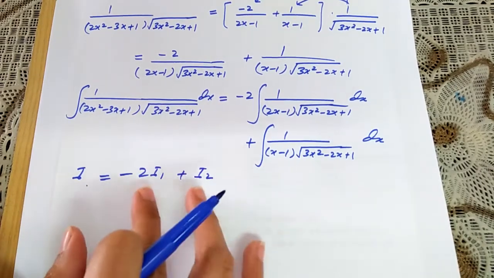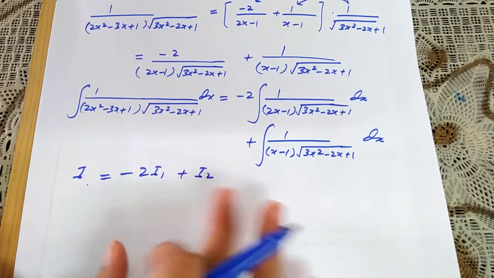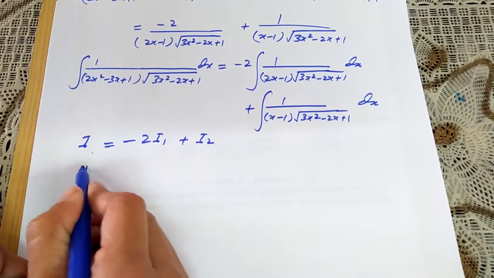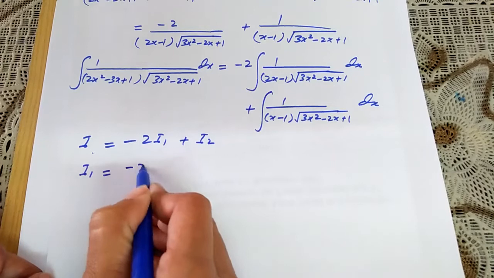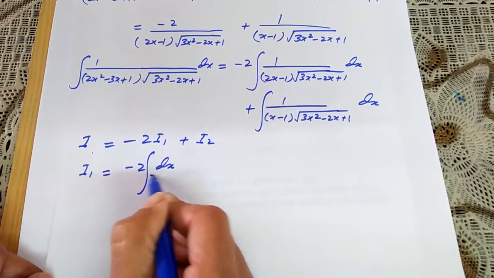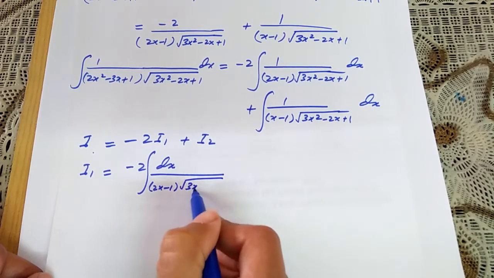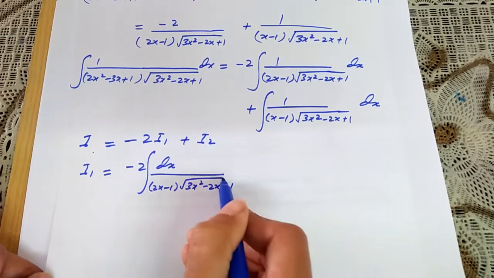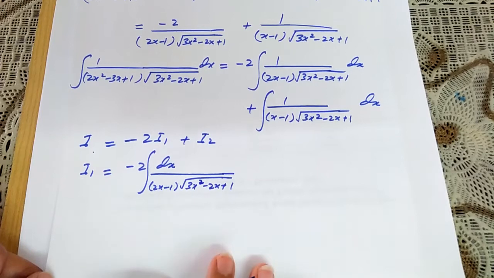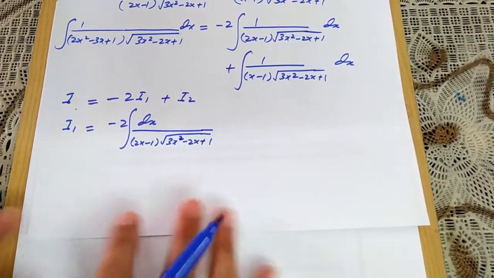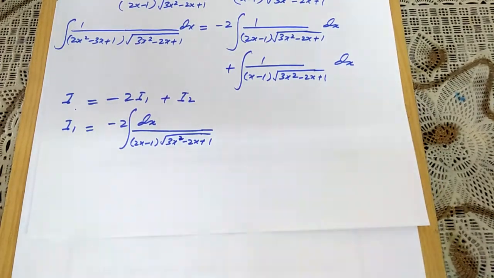Now I am separately solving these integrals. Consider I1. I1 is equal to −2 dx over (2x − 1) under root (3x² − 2x + 1). Now we need some substitution.